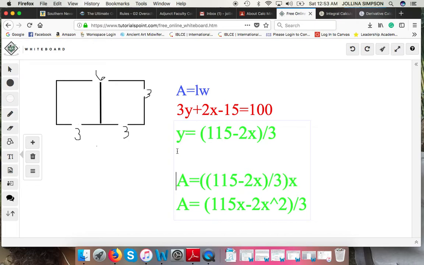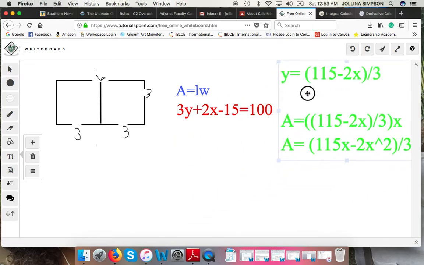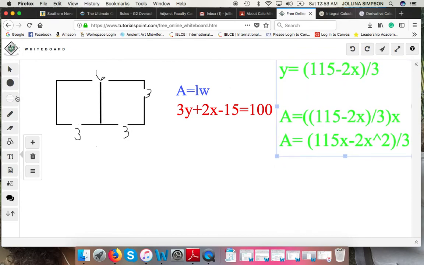Let me put this up just a little bit, maybe make these smaller so that we have room to do what needs to be done. Let me move these up here so we can see them.